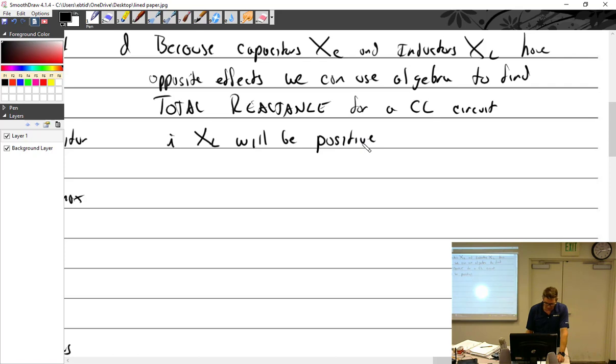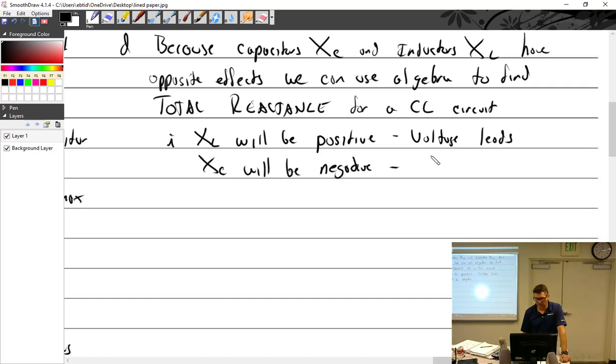X of L will be positive because it causes voltage to lead. And X of C will be negative because voltage lags. X of C is capacitive reactance.